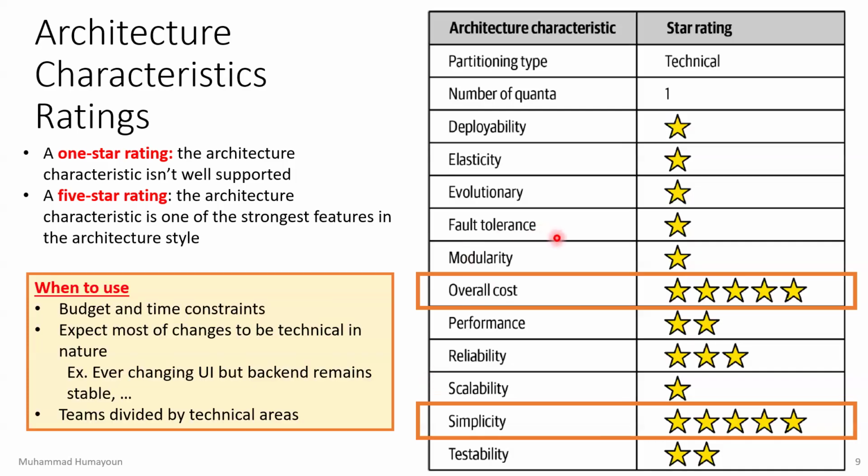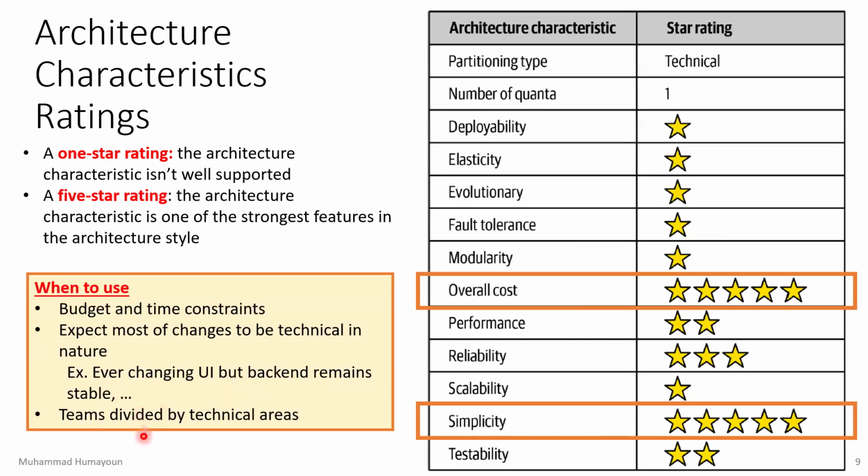So when should you use the layered architectural style? Well, when you have budget and time constraints. When you expect that changes are technical in nature. That means if you have an ever-changing UI, but it does not really require updates to your backend services, the backend remains stable, then you can use it.